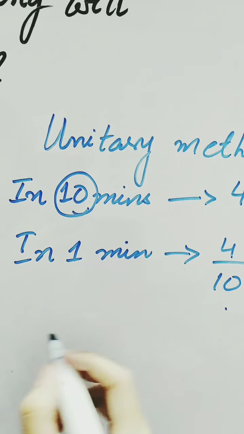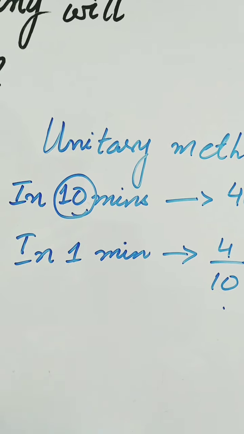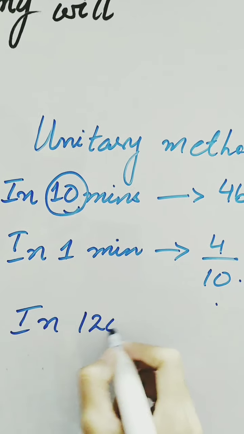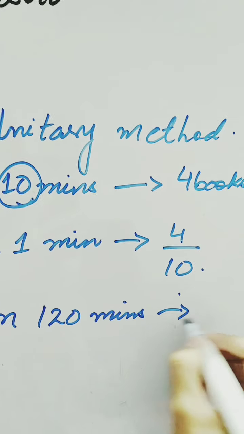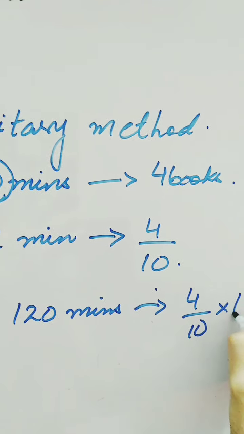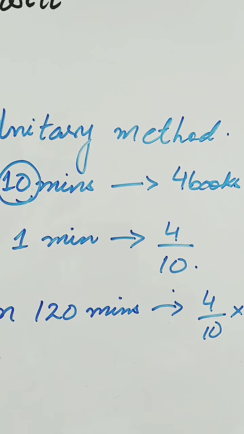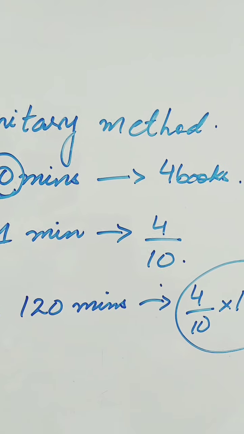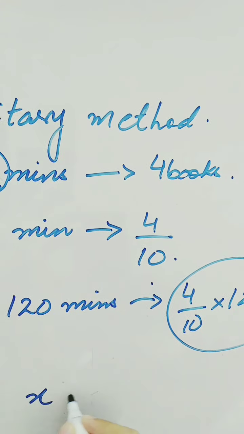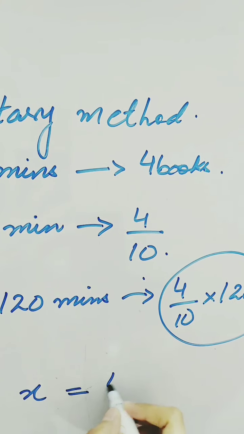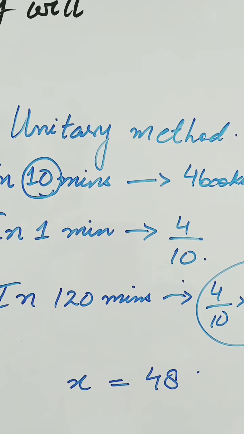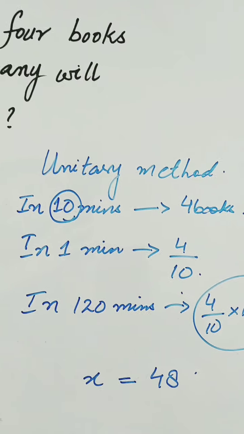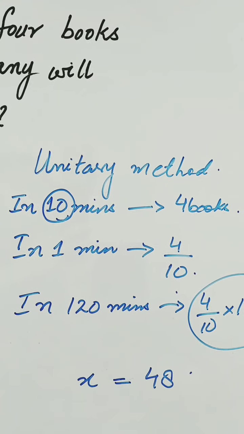And similarly, in order to find out how many books it will print in 2 hours, which is equivalent to 120 minutes, in 120 minutes the machine will print 4 over 10 multiplied by 120. Now we have the same equation as we have in the ratio method, and the resultant is 48. It means the machine will print 48 books in 120 minutes. We have found this out with the unitary method.